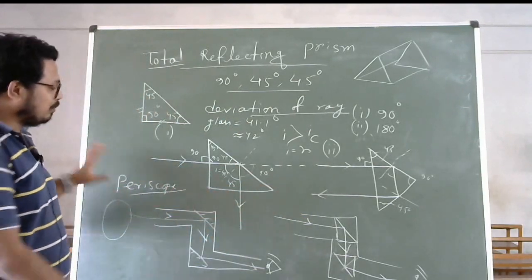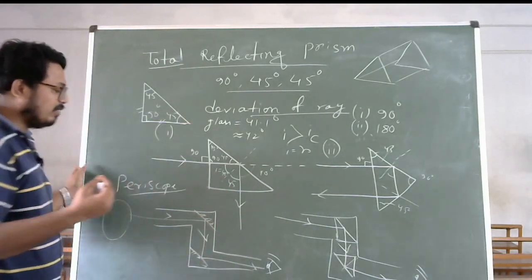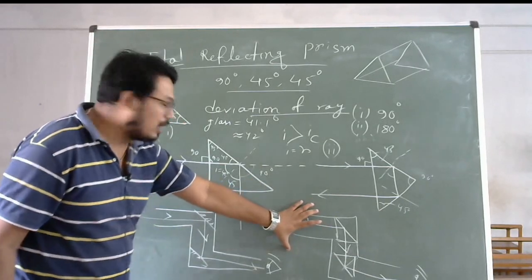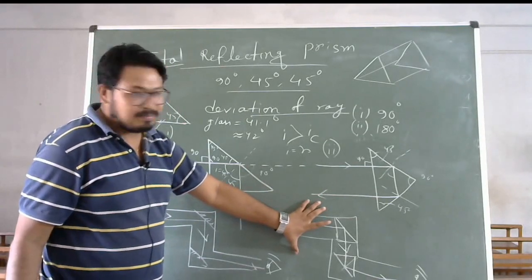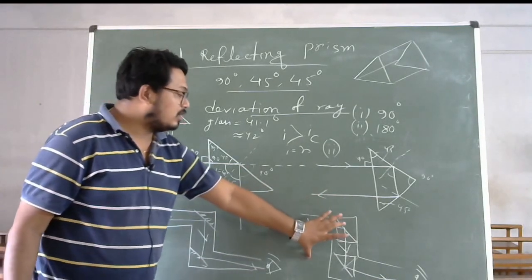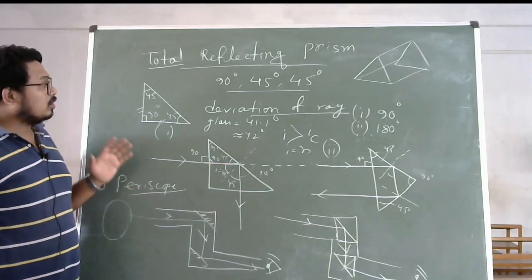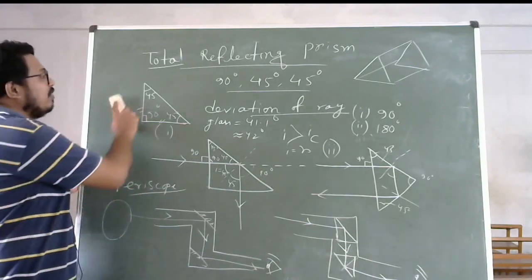But in this case, as it is a plane mirror, there will be a little bit, 1 or 2% absorption. That means in the second case the object will be more clear. So we prefer the total reflecting prism for use in a periscope.